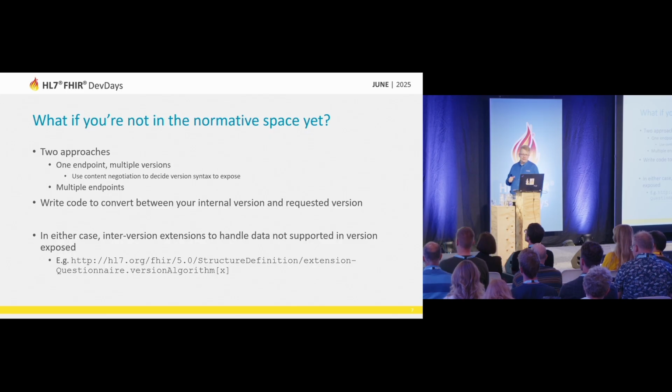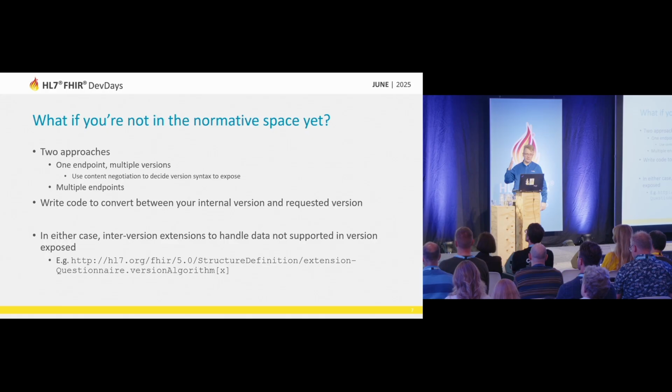If you're not in the normative space, so you have people who want R4, you have other people who want STU3 or DSTU2, the historical way is, here's my DSTU2 endpoint, here's my STU3 endpoint, here's my R4 endpoint. In R4, we introduced a new mechanism, which is using content negotiation.